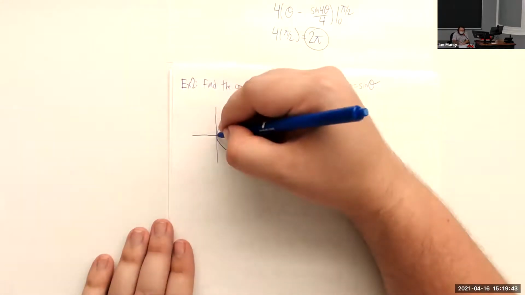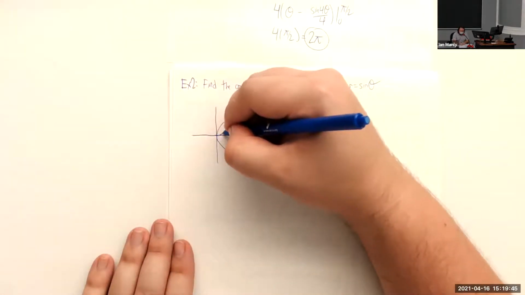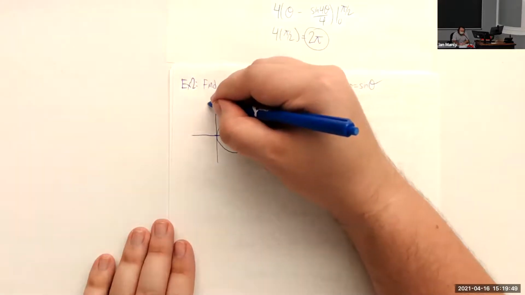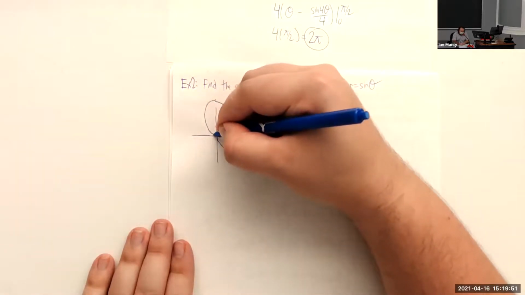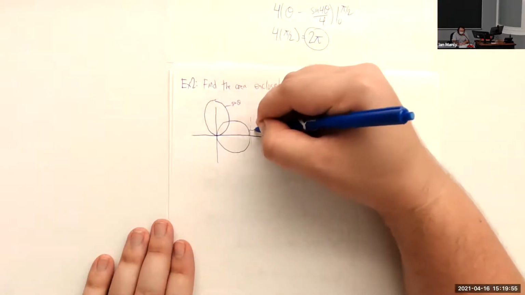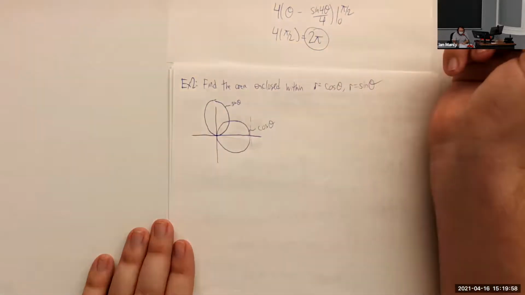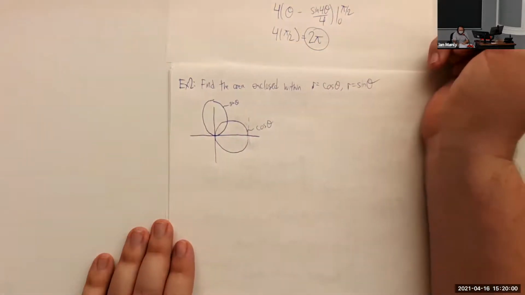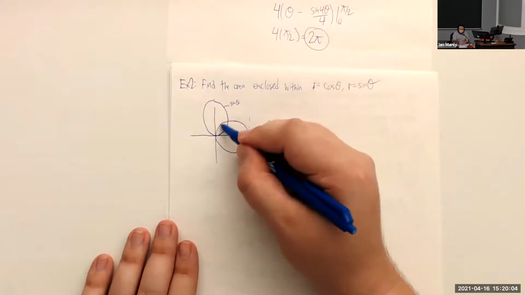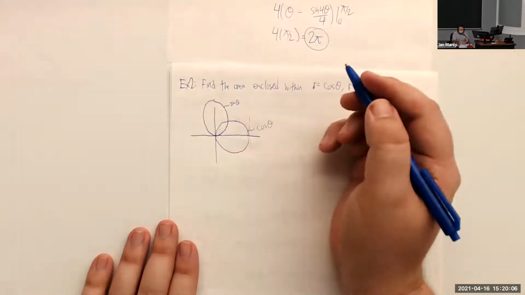Sine will start at the origin and go out in the y direction out 1, and then come back. Now what we want to do is find the area enclosed within both of these. So it's sort of like a Venn diagram here, meaning that we want to find the area right here.